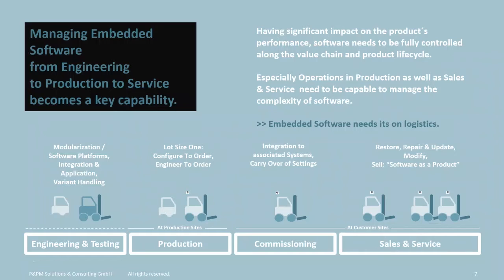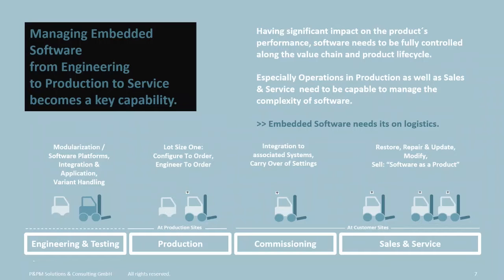So when we think about production, we need to recognize that there needs to be a kind of data supply for embedded software. And it's not just that the right software needs to be flashed to a device. It's also, meanwhile, all about configuring the software functions in the right direction. So we talk about lot size 1 configuration of software functions.